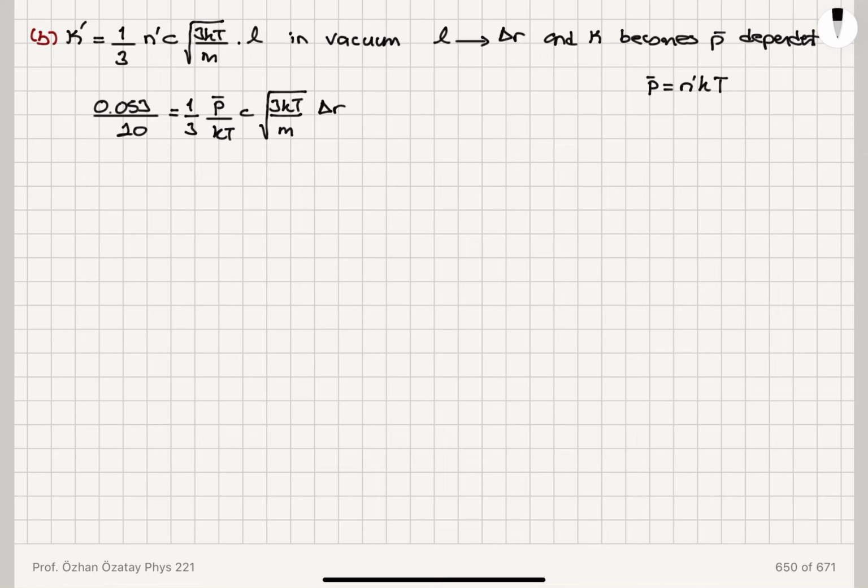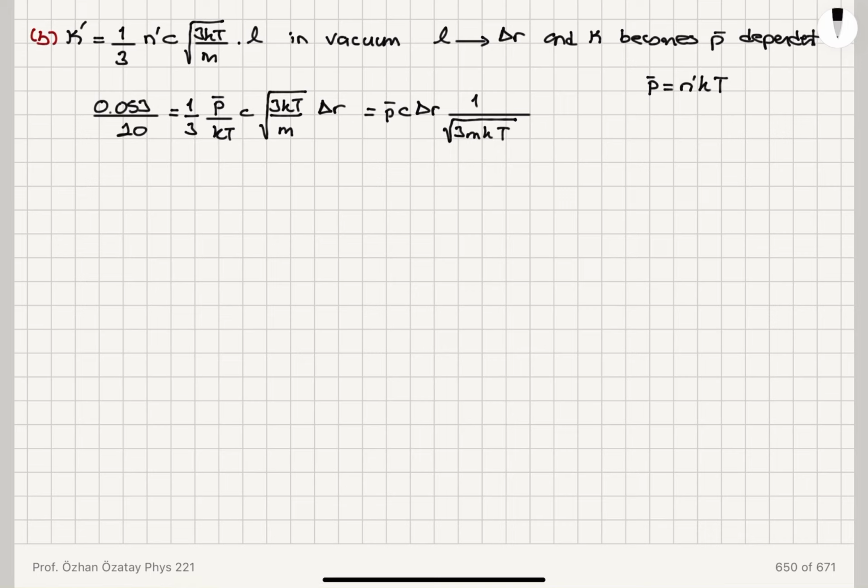And for L, we have a constant value, which is delta R. Now this gives us P bar c delta R, 1 over square root 3 m kT. All right. So k squared T squared will cancel.